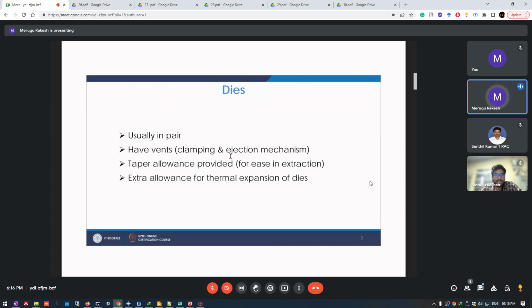They will also have ejection mechanisms to eject the solidified component. You can ask any doubt in between. Then a taper will be provided. These are the extra elements, which we have also seen in sand casting.